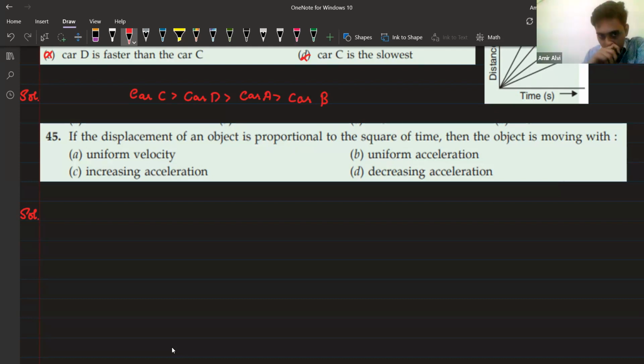Okay, chalo. The question is saying that if the displacement of the object is proportional to the square of time, then the object is there. So do you remember the second equation of motion? S is equal to ut plus half at square.